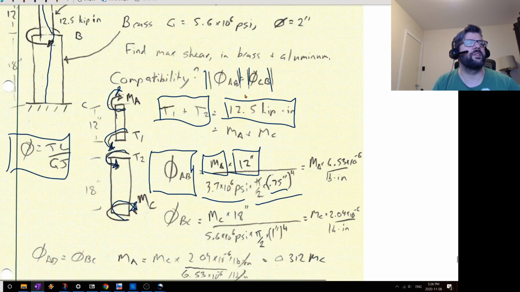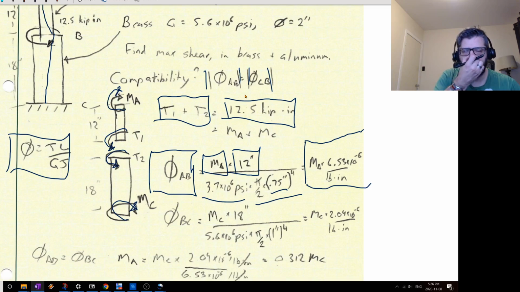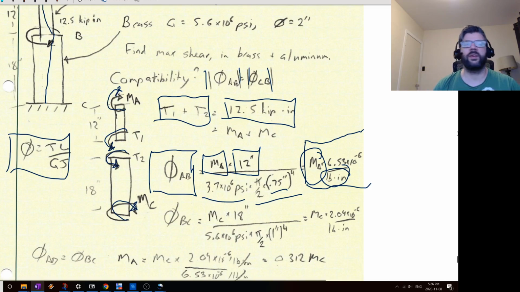So that gives us our twist as MA times 6.53 times 10 to the negative 6 per pound inch. Once we plug in a value for MA in pound inches, those will cancel out and we'll get radians, which is what we expect.